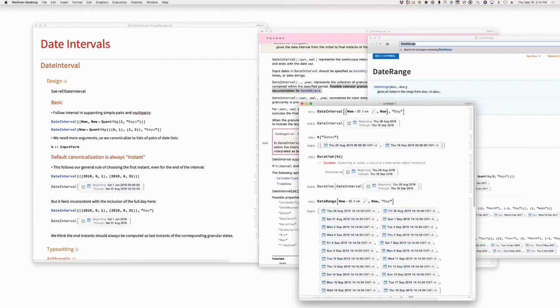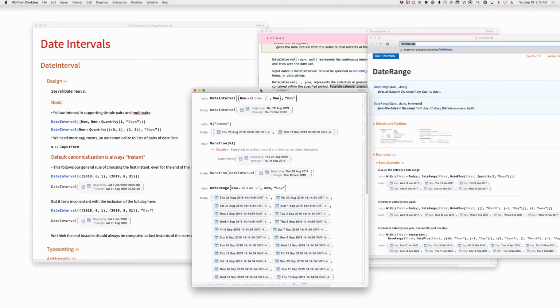Oh, I see. Now minus. So that's the instant there, but I don't understand. Oh, that's the step. But what about the granularity? For date range, the granularity is determined by the start date.